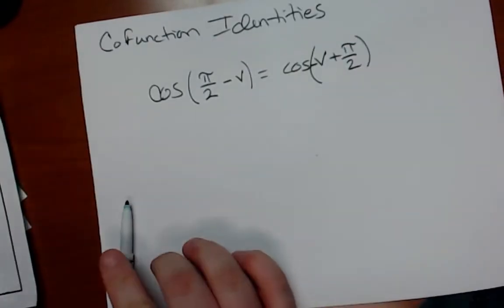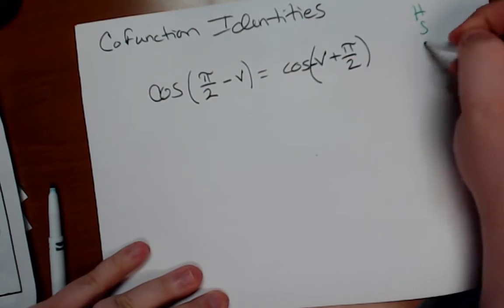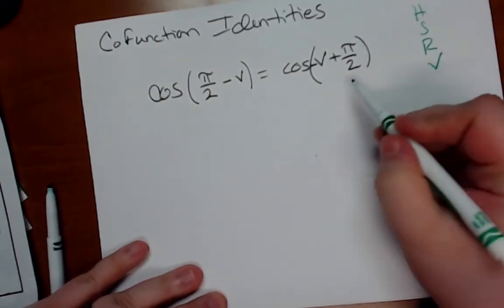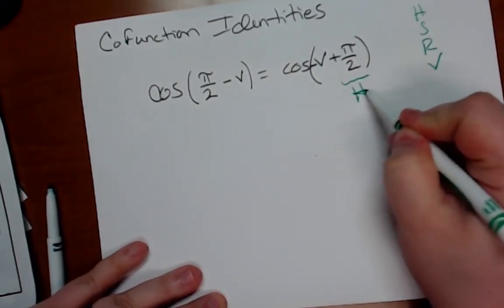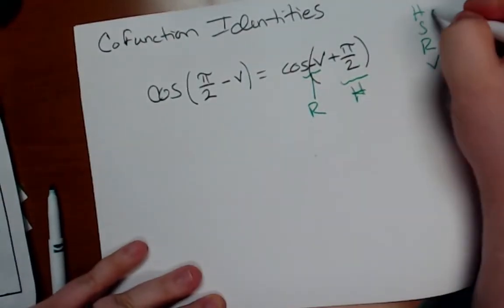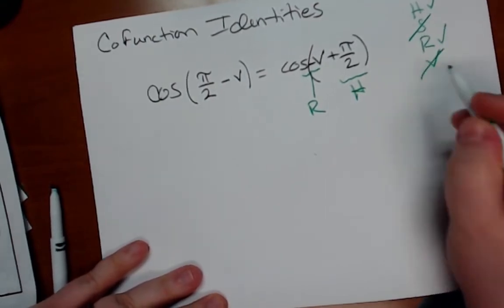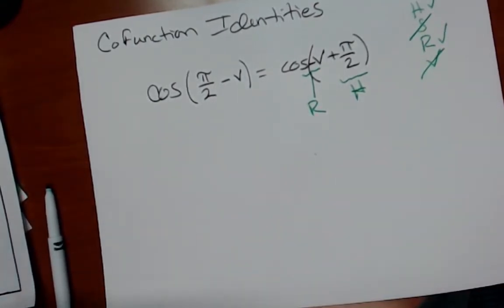All I did was swap their order. From our help students remember variables, we know that this is a horizontal shift and this negative sign is a reflect. So we have a horizontal shift and a reflect. Don't have a stretch or a shrink or a vertical shift.